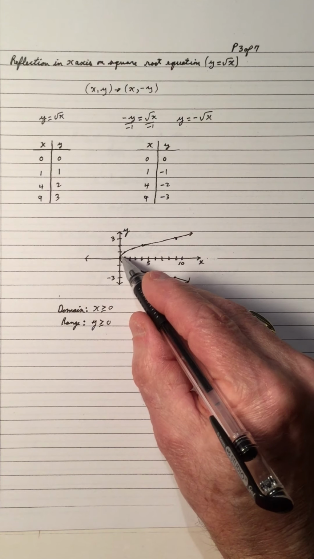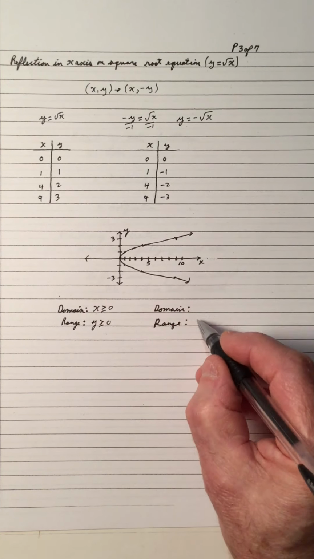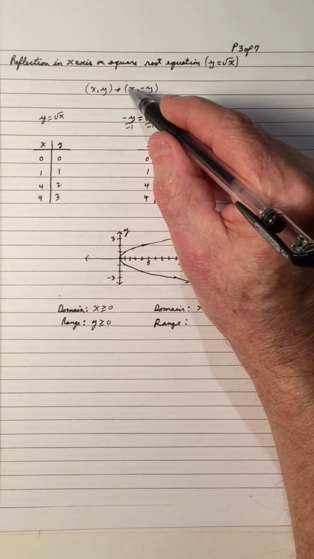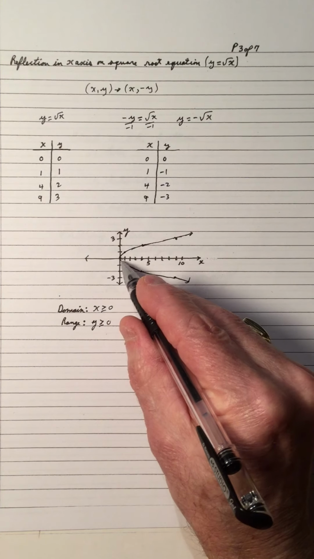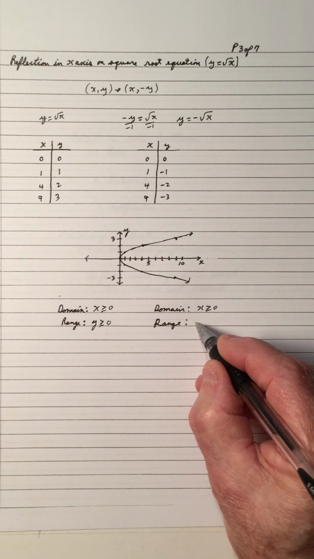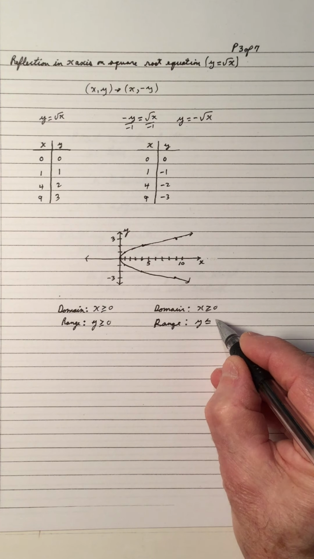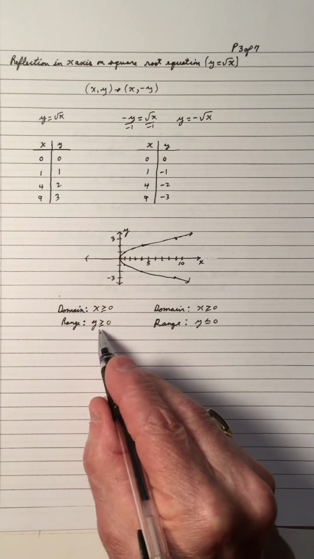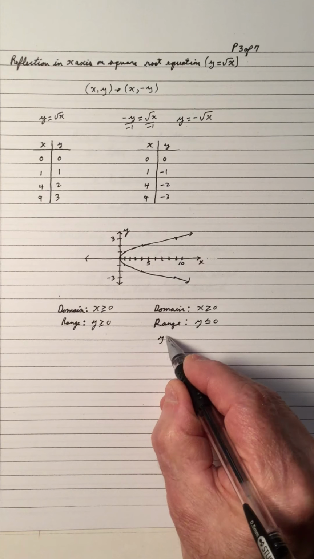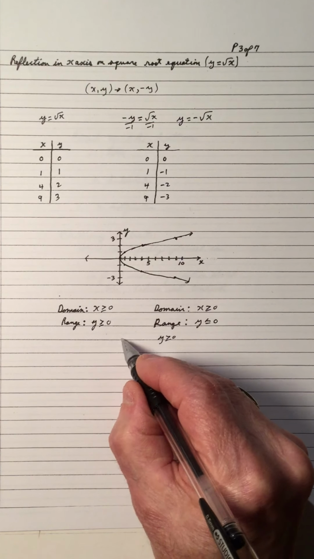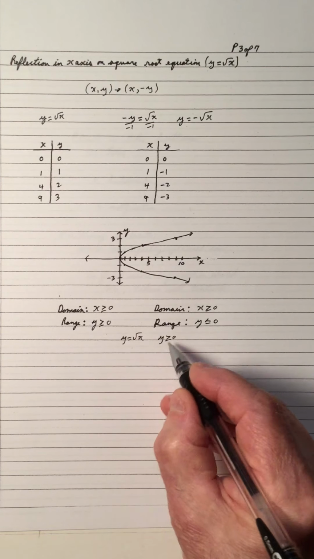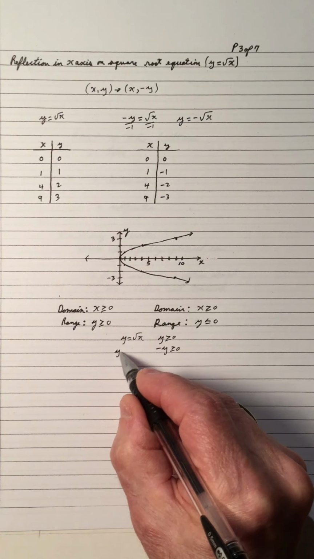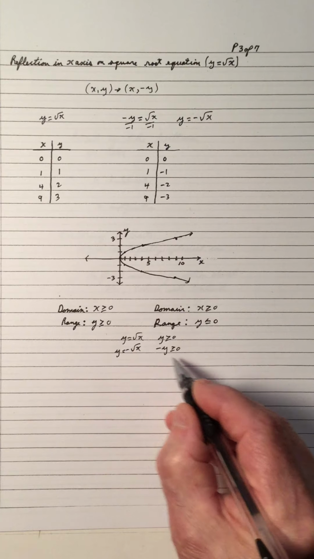So notice the domain is still x greater than or equal to 0 because the x has never changed, but the y is going down, so the y values are y less than or equal to 0. And the reason for that: right here, you have y greater than or equal to 0 in this equation. So now we have negative y greater than or equal to 0 in this equation.